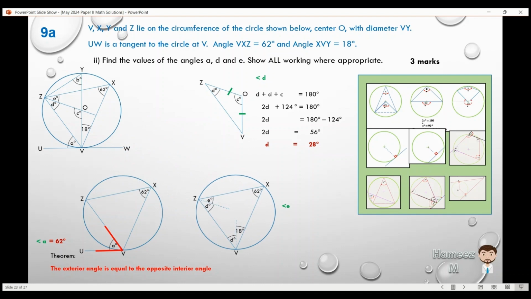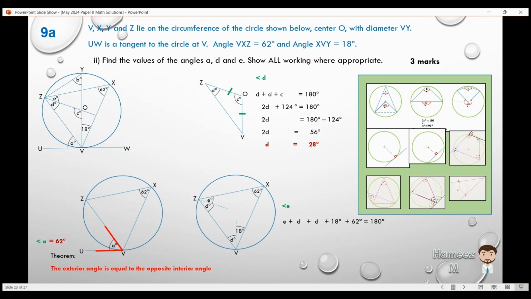So at the corner X, that's 62. At the corner V, it's D plus 18. We know D. And at the angle Z, it's D plus E. So if we put all those together, we can say E plus D, which is one corner at Z, plus D plus 18, which is at V, plus 62 is equal to 180 degrees.